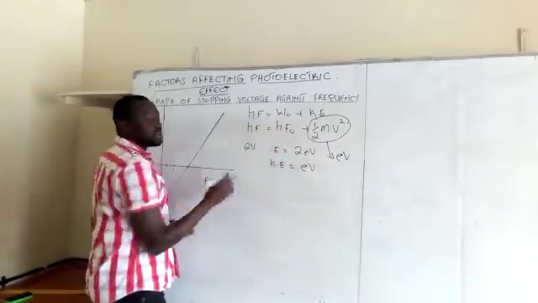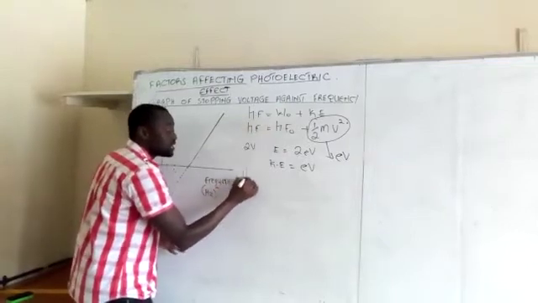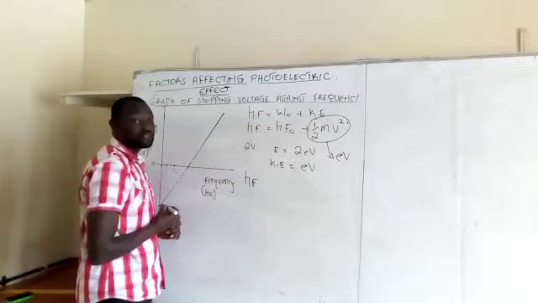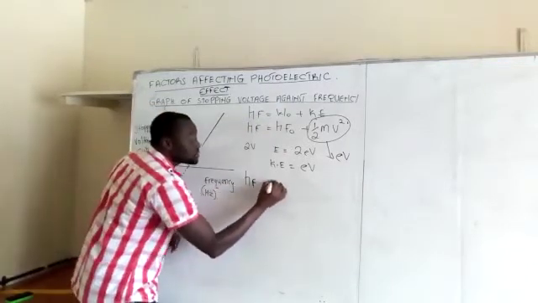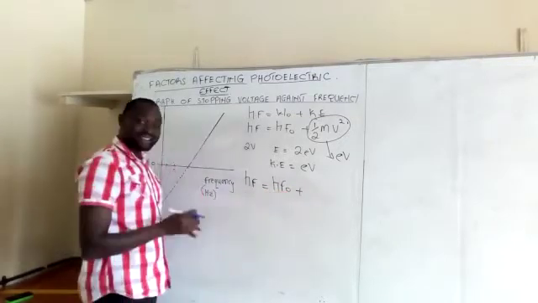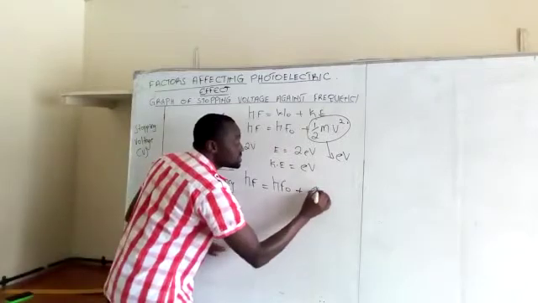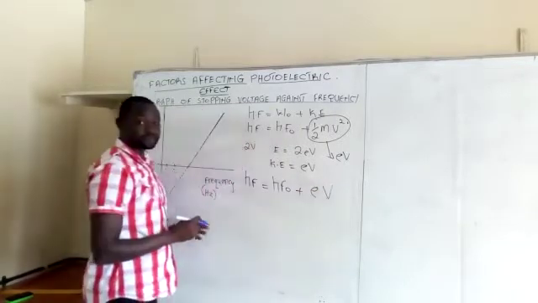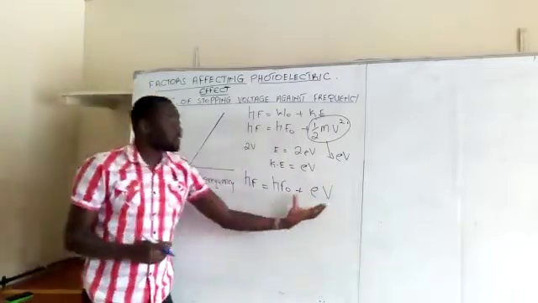Replacing that in our equation, we'll have hf, the energy of the radiation, equals the work function plus the kinetic energy, which is eV. Now, I go back to the graph.